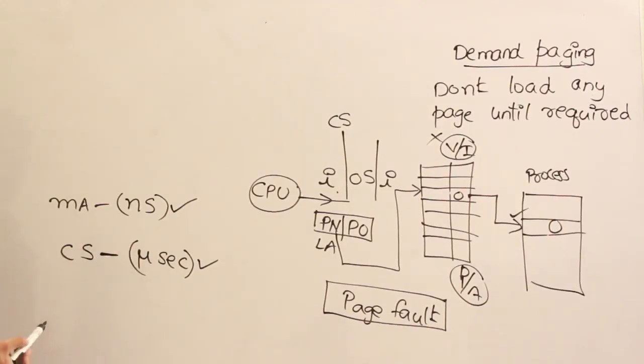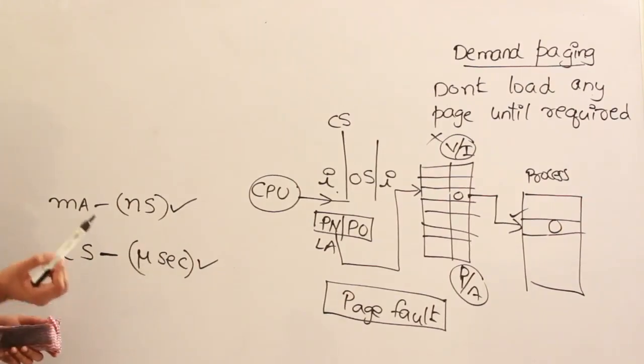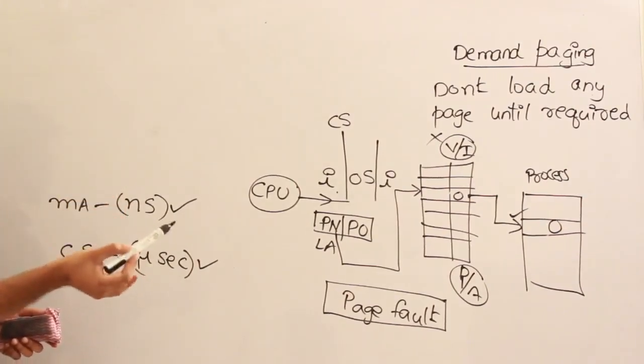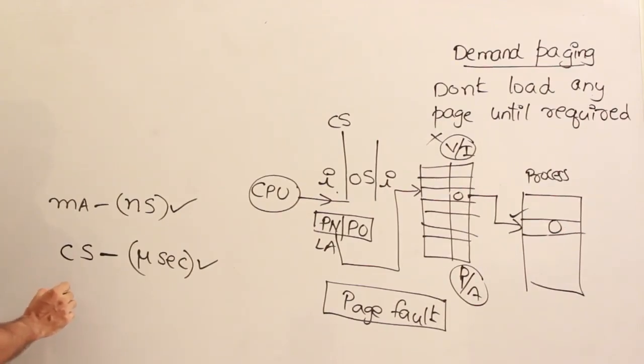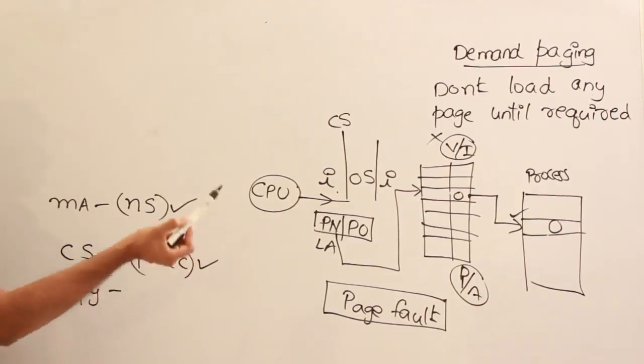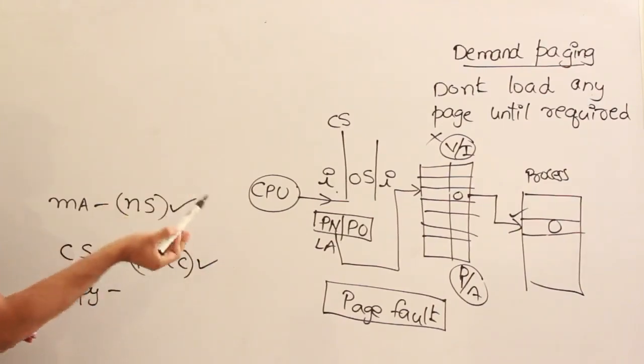which might take microseconds, right? And after the operating system has started running, it will place the request for reading from the secondary disk into the main memory, right? And for that copying, what are we trying to copy? A page from hard disk to the main memory, right?